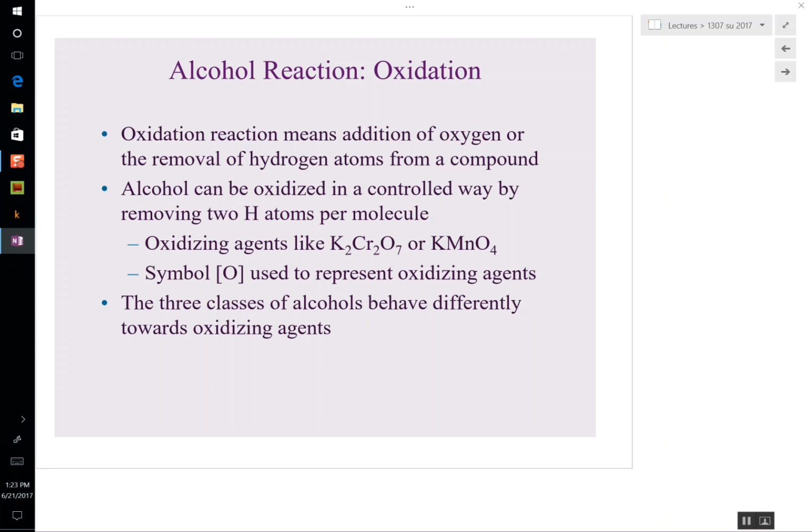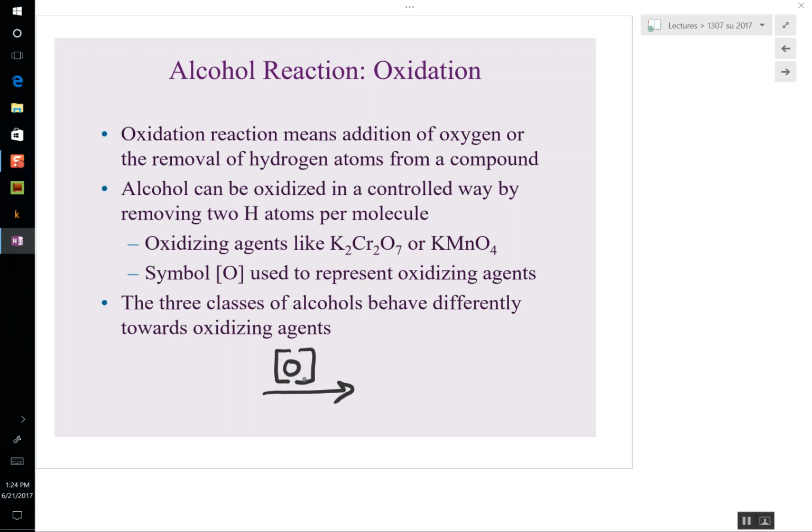We're going to use oxidizing agents like this. This is potassium dichromate. This is potassium permanganate. And in some cases, you're going to see an arrow like this, and that general symbol sitting above the arrow is saying we're oxidizing something.